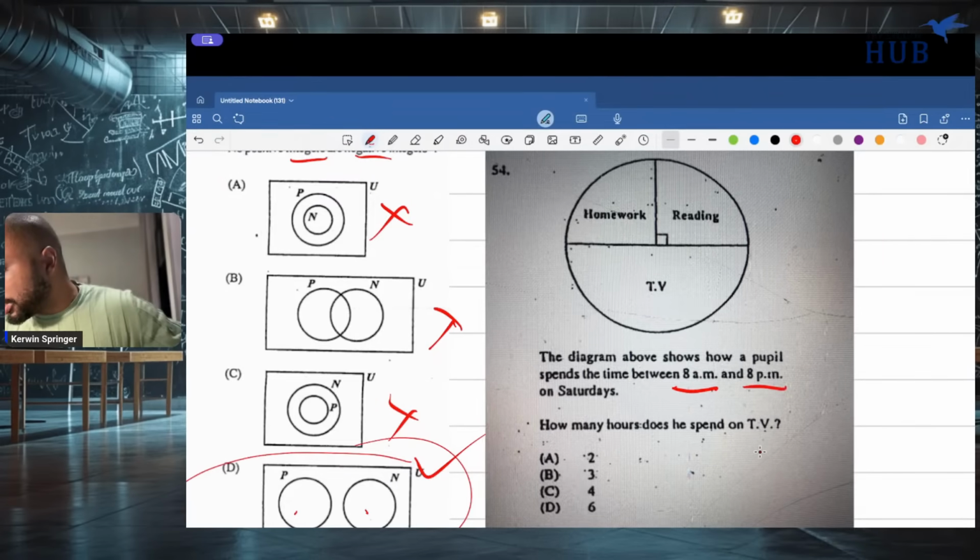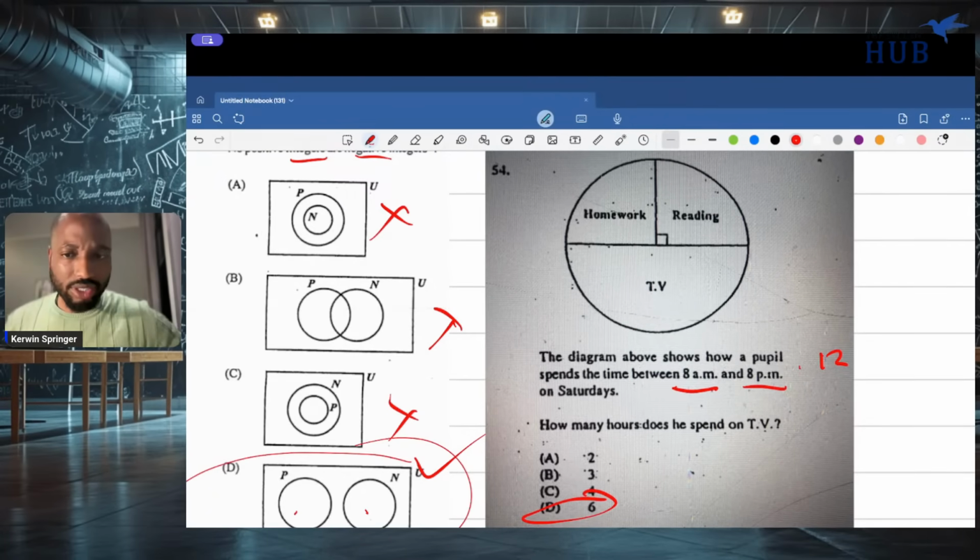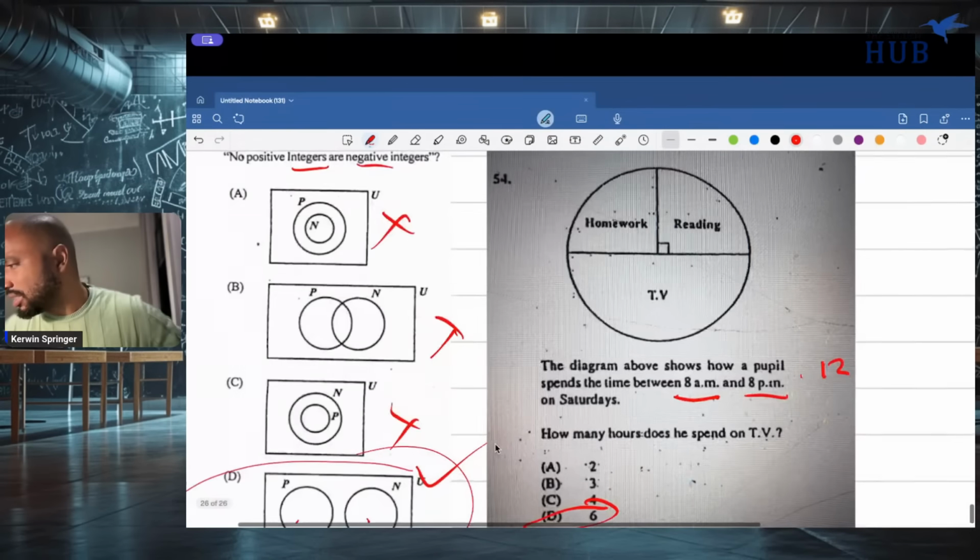How many hours does he spend on TV? So from 8 to 8 is 12. Half of 12 is 6. Not too sure if I understand the question, because it feels a little strange. 6 on Saturdays, morning to evening.